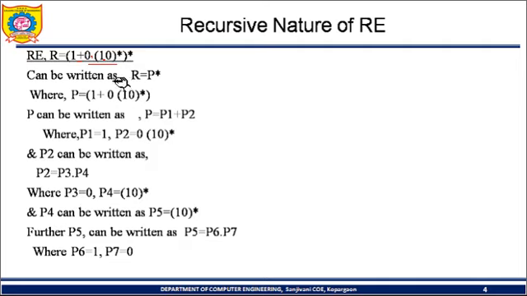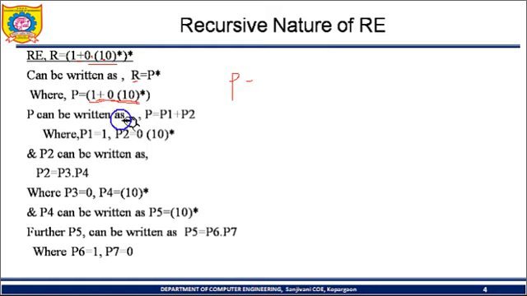So here the given regular expression, let us say r, will be equal to p star. So p star means what? So this remaining p is nothing but 1 plus 0 1 0 star, and if you take its star closure, then it will be p star. Further, p can be written as, so there is a union between 1 and the remaining part.